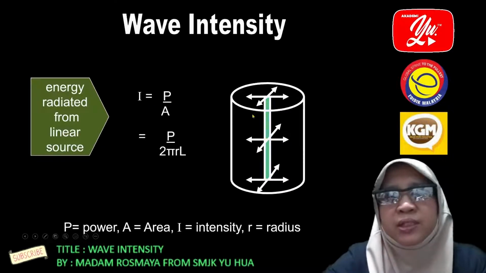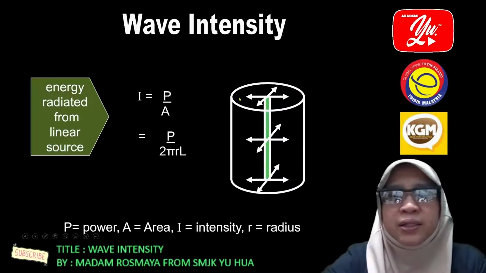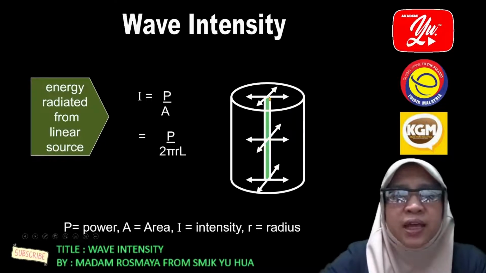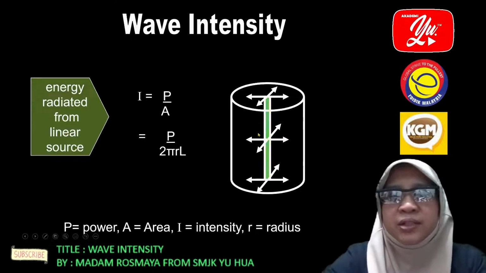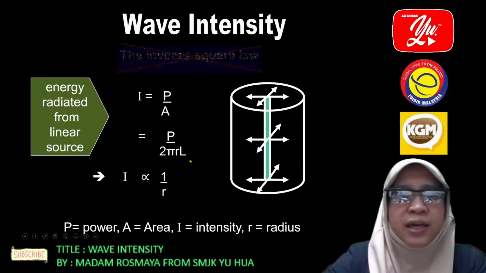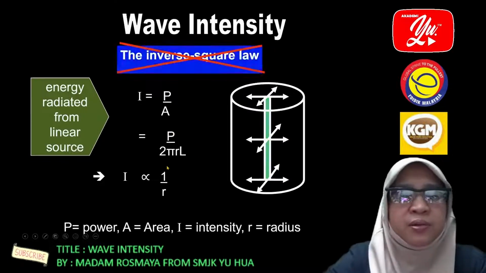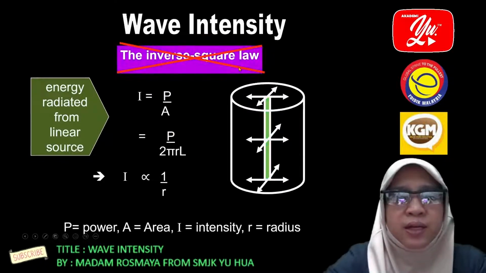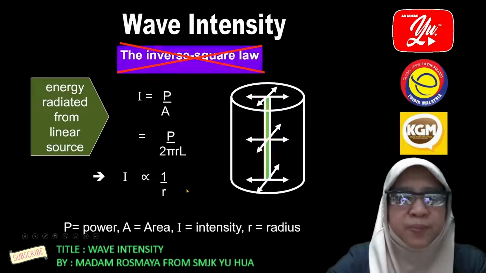The area is now the area of the cylindrical shape, which is 2 pi r L. 2 pi r is the circumference of the circle here, and L is the height of the cylinder. This means the intensity from a linear source is not an inverse square law, it is directly proportional to 1 per r only.